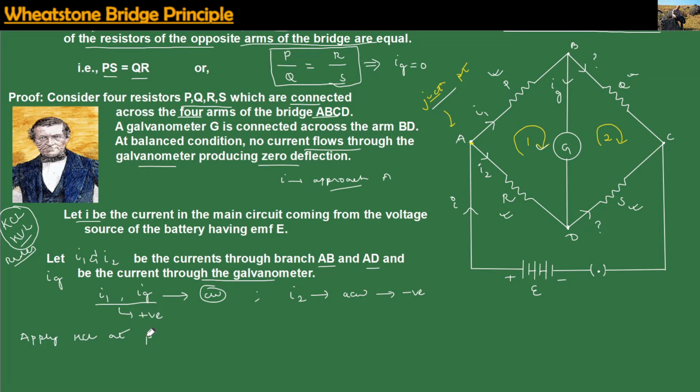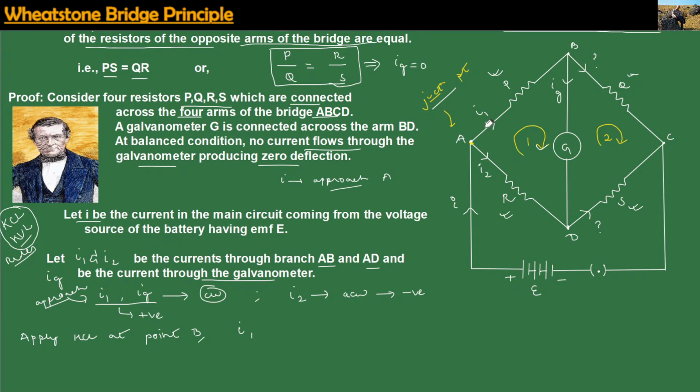First, let us apply Kirchhoff's current law at point B. Since current I1 and current IG are approaching point B, they will be taken as positive.